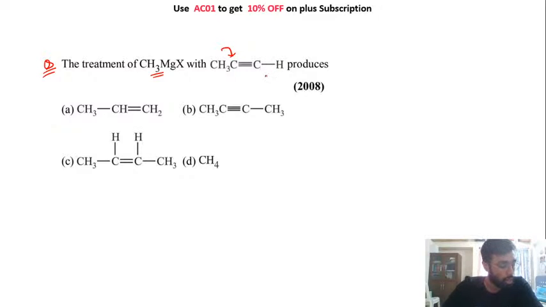So you need to tell the final product in this case. First thing that we know is Grignard reagent finally provides us with an R negative. So here we will be getting a CH3 negative. This can either act as a base or it can act as a nucleophile, right? So these are the two possibilities it has.